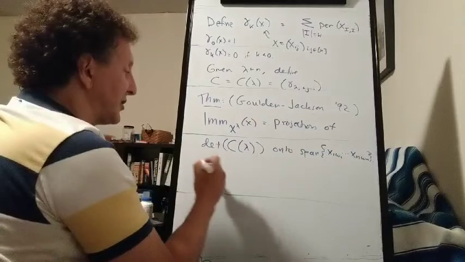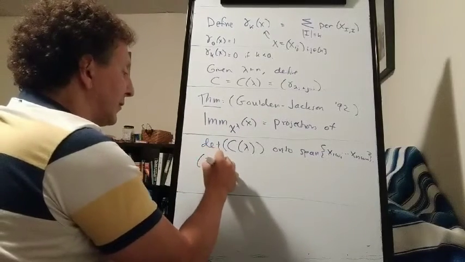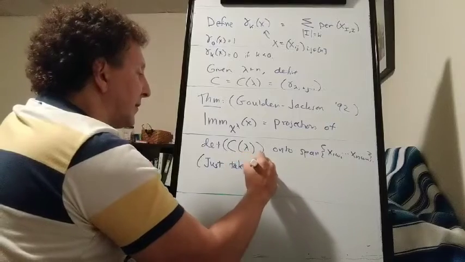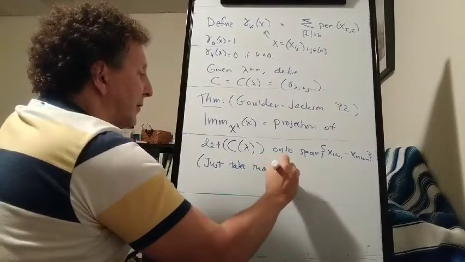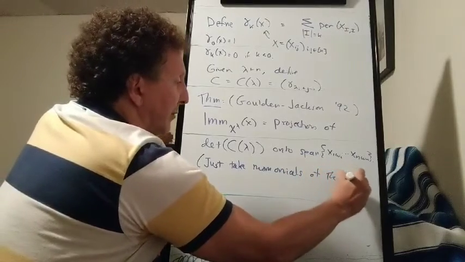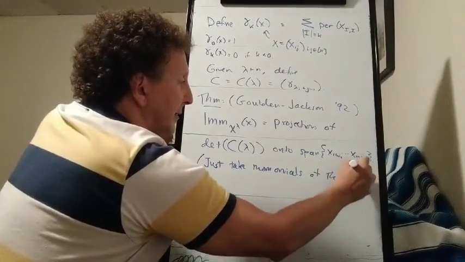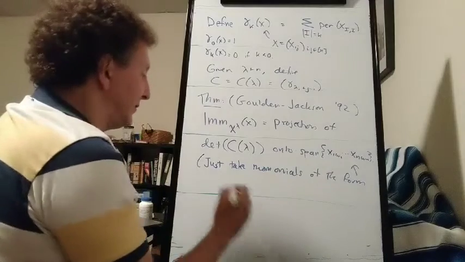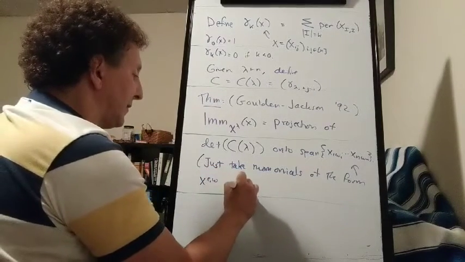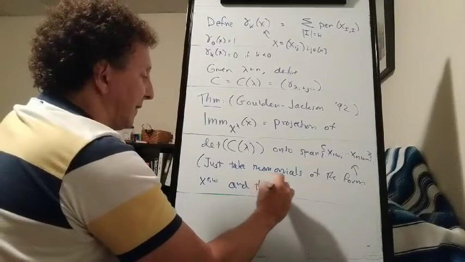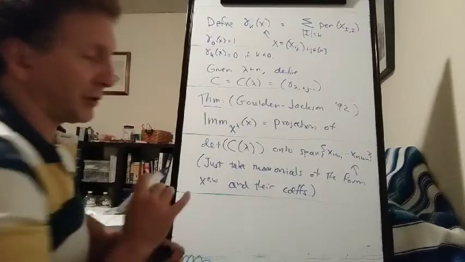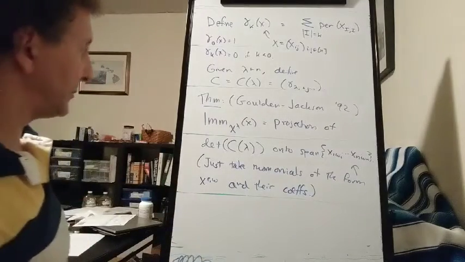So by saying projection, I mean we're just going to take monomials of the form x_{e,w} and their coefficients.